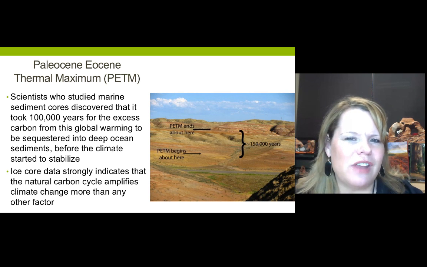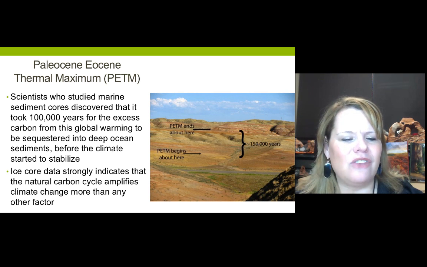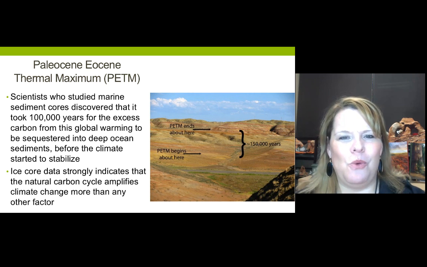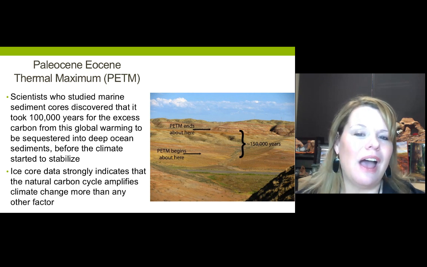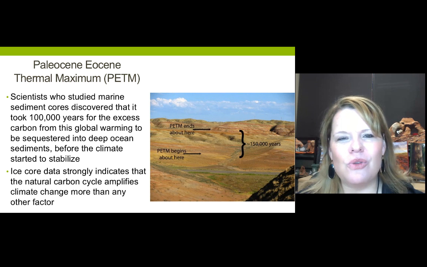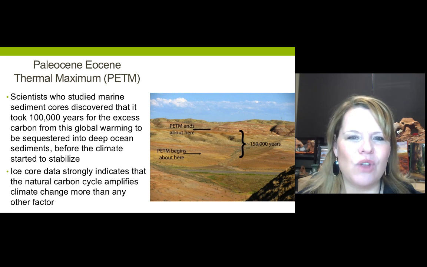So ice core data strongly indicates that natural carbon cycles are amplified as climate change shifts more than any other factor. Well, obviously we don't have an ice core available for the PETM. We had an Earth-wide climate global warming. So we do have it though. The best ice record in the world is actually found in Greenland.